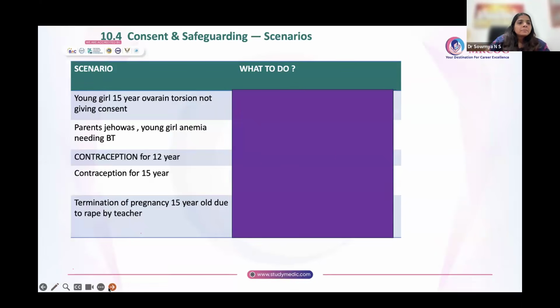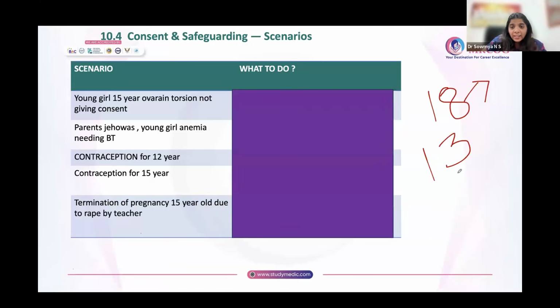Now, the common scenarios which you are tested on. Please remember, to be called an adult in the UK, they should be 18 years. To sign any legal consent form, they must be 18. For contraception, the legal age to have sex is 13. Less than 13, even with consensual sex, it is rape.